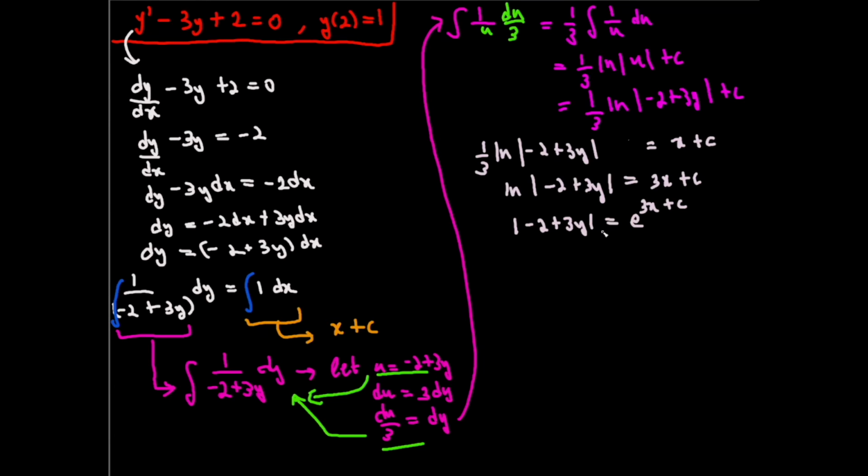We can rewrite this term as e to the 3x times e to the c. This is just a rule of exponents. If you have some base with a sum in the exponent, you can do it this way. Okay. All right.